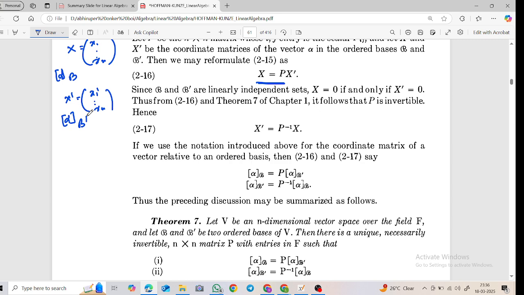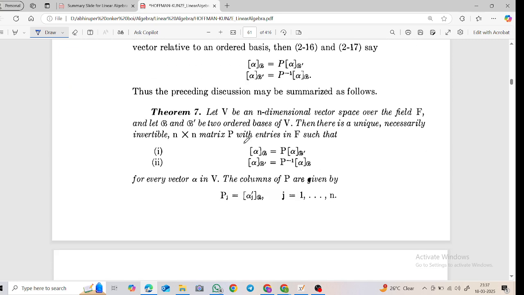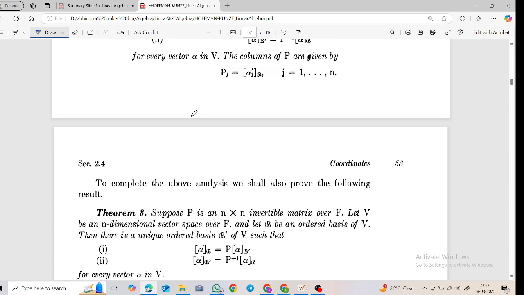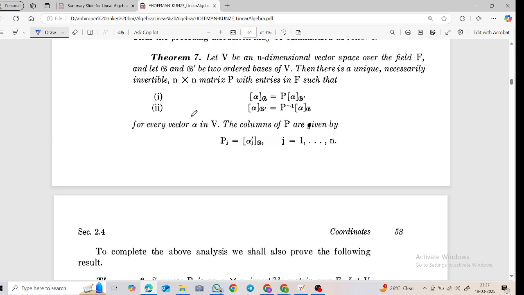So that is the relation between two different bases, and P is said to be the basis change matrix. Okay. You go through the theorem. Okay. Summarize as follows. Okay. Just read the statement. Just read the statement. That's it.